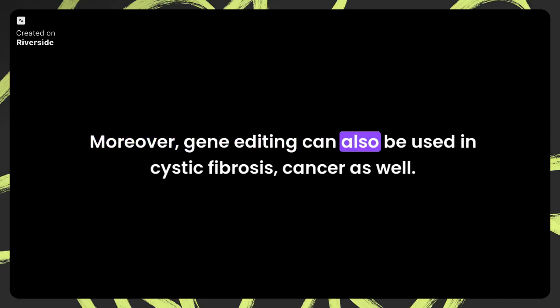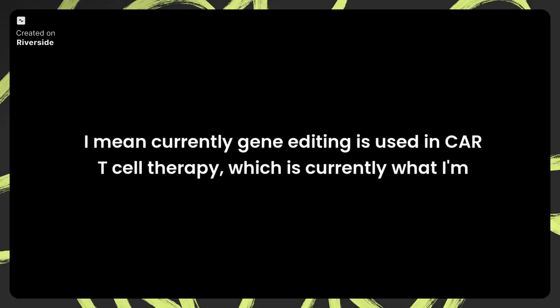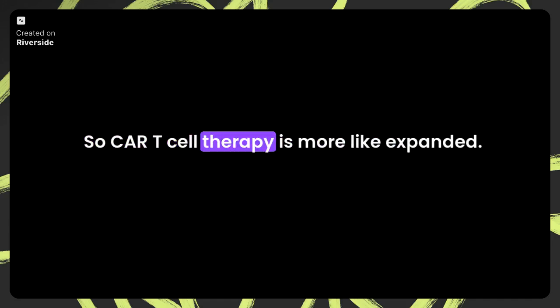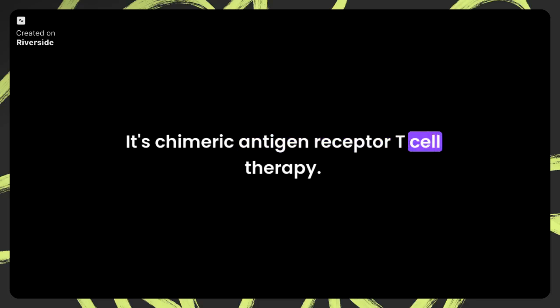Moreover, gene editing can also be used in cystic fibrosis and cancer as well. Currently, gene editing is used in CAR T cell therapy, which is what I'm focusing on. CAR T cell therapy is chimeric antigen receptor T cell therapy.